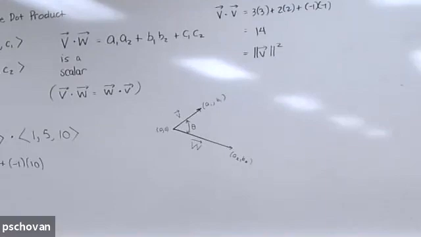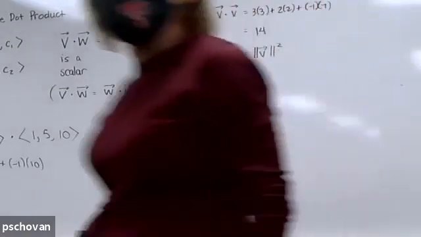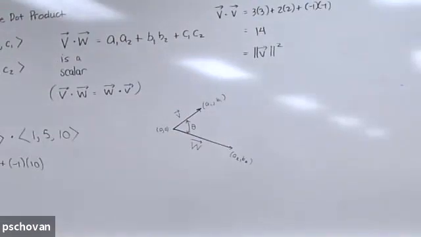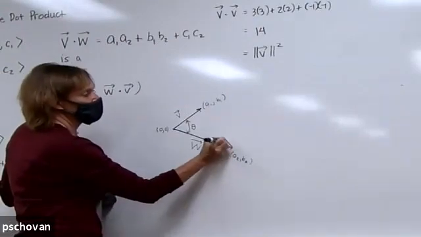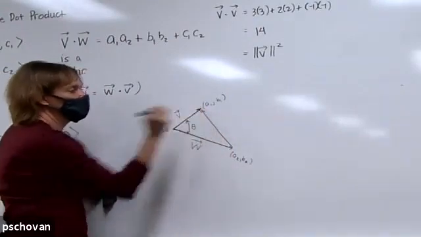All right, how many remember your trig on how to find an angle in an acute triangle? Let me make this triangle here. What's the name of this vector right here that I've just drawn?